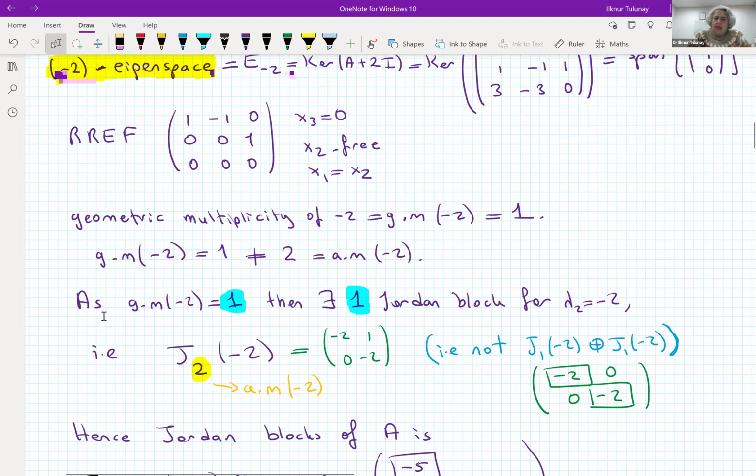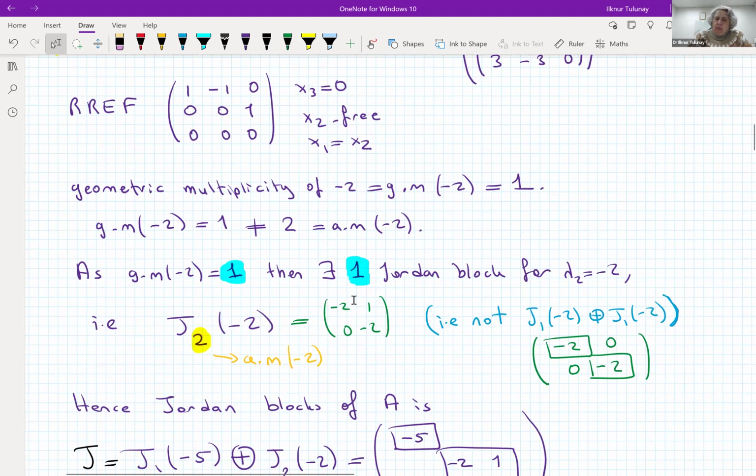Now, since the geometric multiplicity is 1, there exists one Jordan block. So you have -2 as the eigenvalue. One Jordan block means only one block. 2 by 2 is one block, since the algebraic multiplicity is 2. This is how I think you've seen this in the lectures. This is a Jordan block, a 2 by 2 Jordan block.